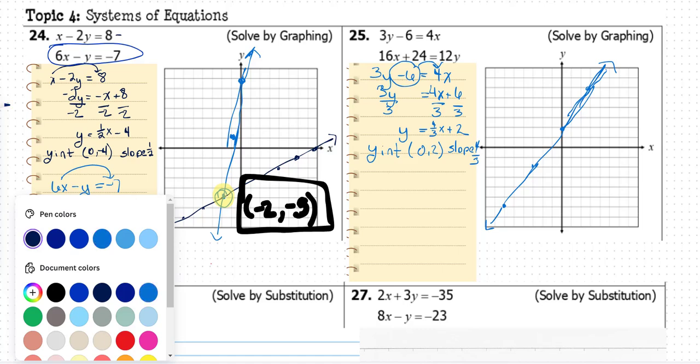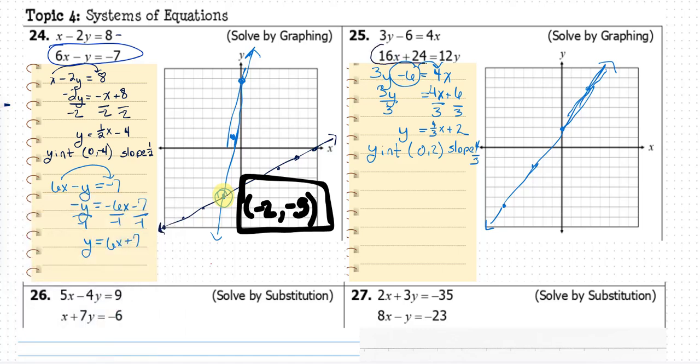So let's go ahead and do the other equation. And we have 16x plus 24 is equal to 12y. And so if we're trying to get everything away from the 12, we just need to divide by 12. And so we need to reduce this. 16 divided by 12 can both be reduced by 4, giving us 4/3 x. 24 divided by 12 is 2.